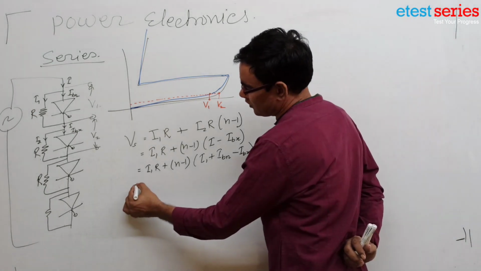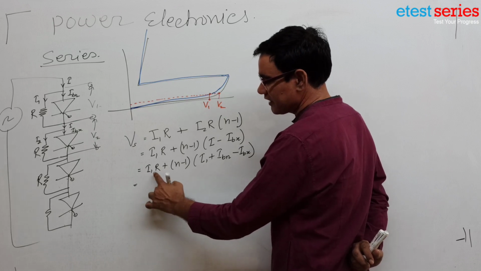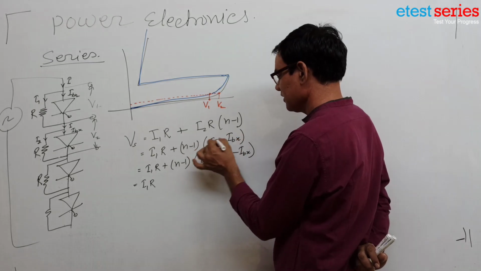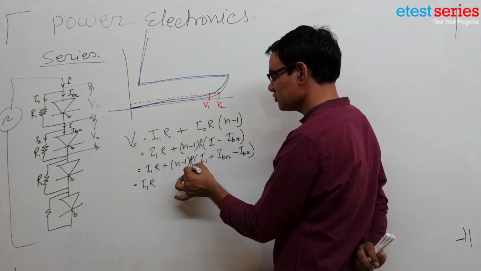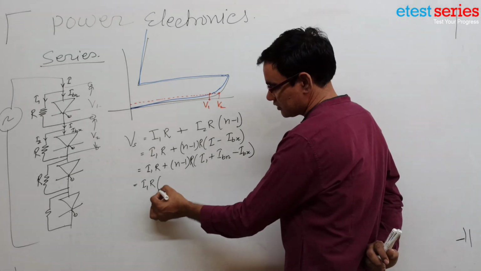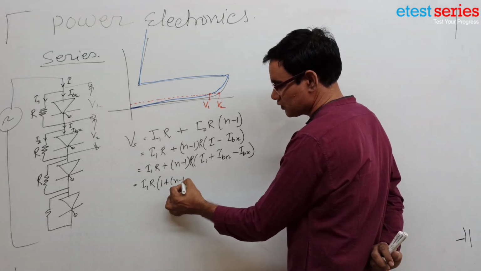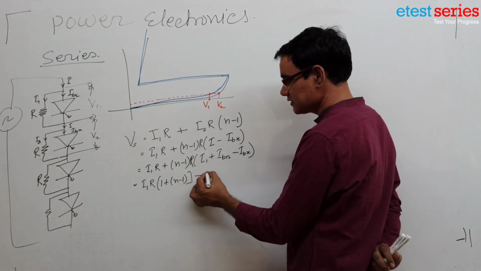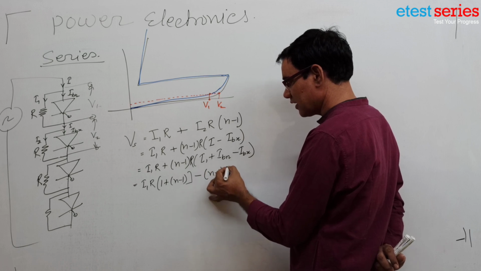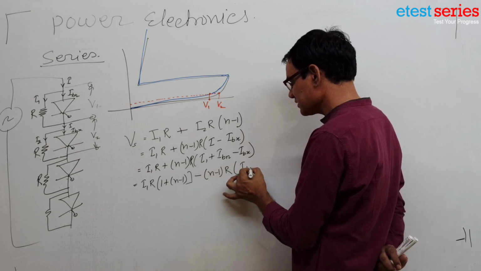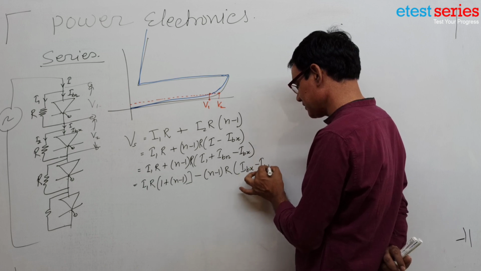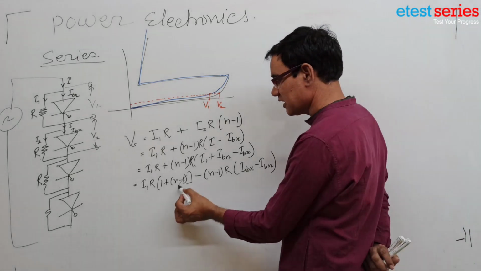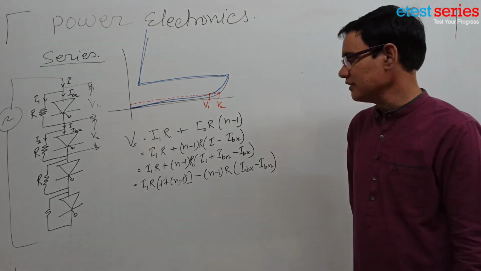This can further be written by taking I1 and R common, R here, R here, R here, so R we are taking common. So this is 1 plus n minus 1, and here we are taking the minus sign, minus n minus 1 R, IBX minus IBN. So this minus and this plus get cancelled, so this becomes n.